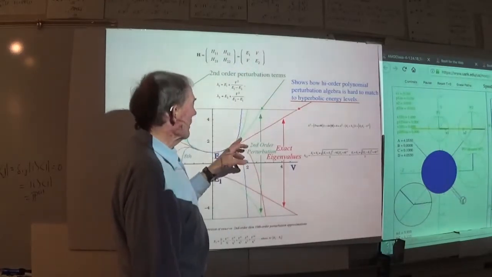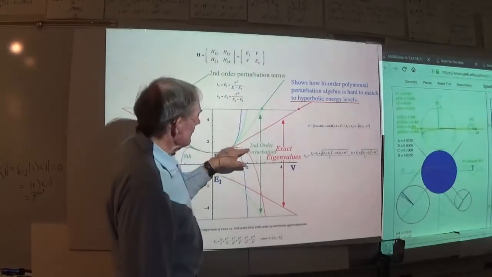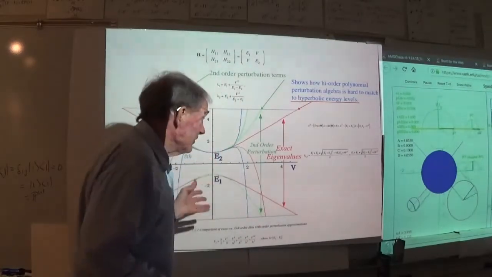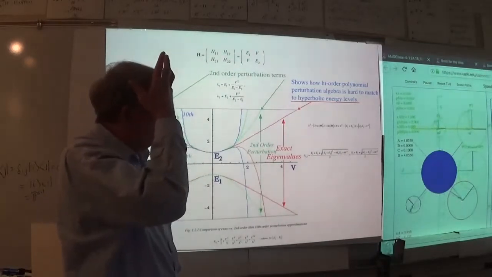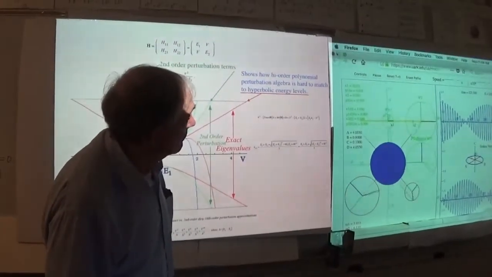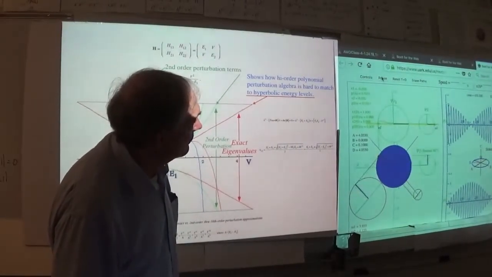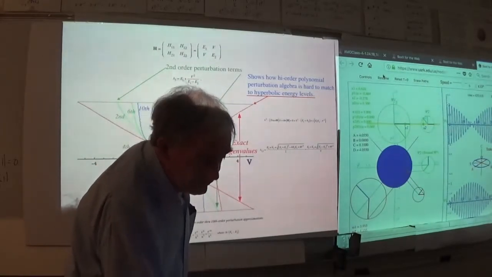There's second order right there, but then there's third and fourth. They push you along the line, but then they always deviate out. So this is something that you should keep in mind. That's why I was saying that perturbation theory really is not a good match. Let me get rid of the blue blob here. I'm going to pause this so I don't waste computer time and bring this back.